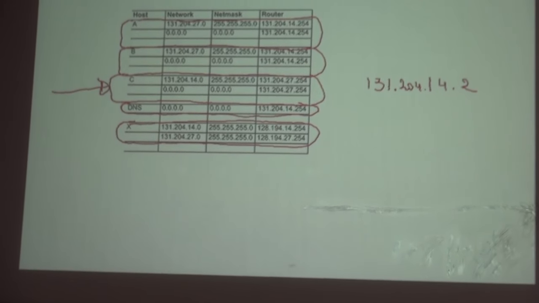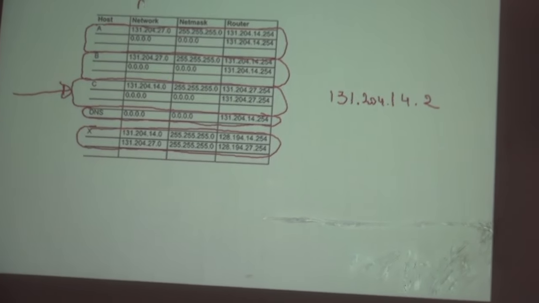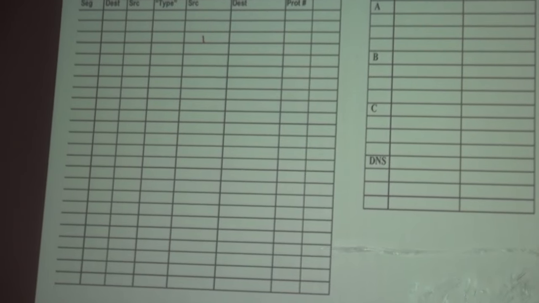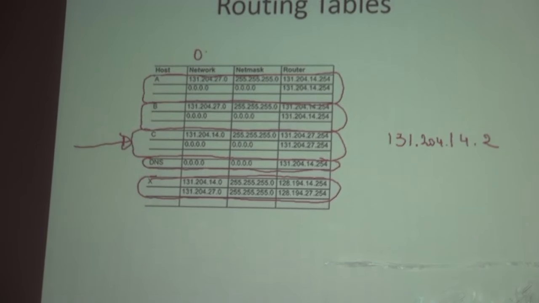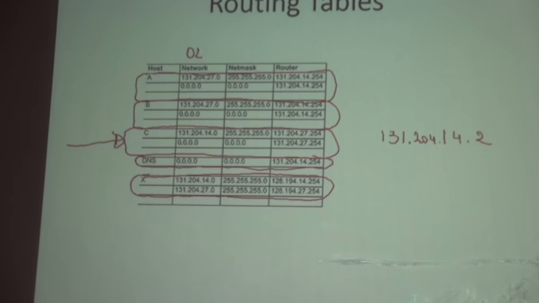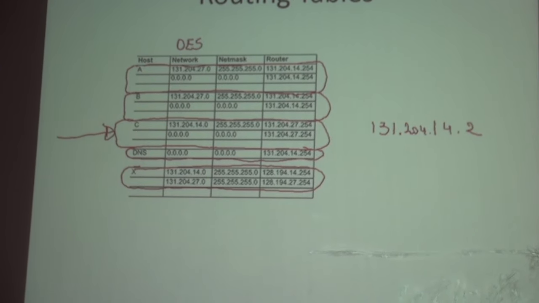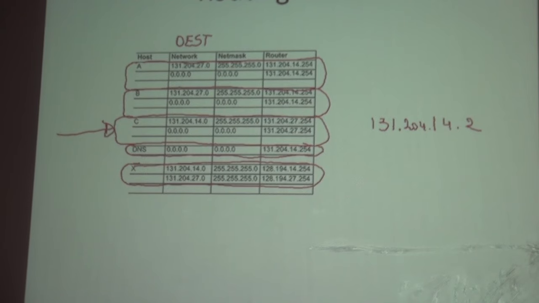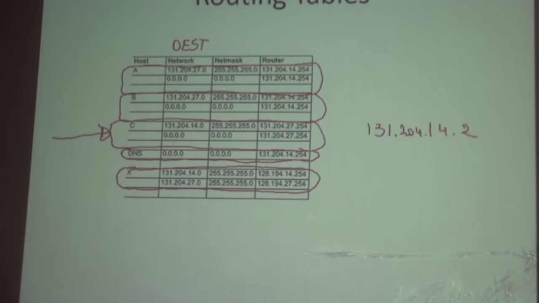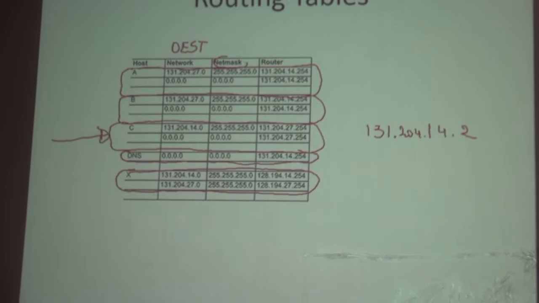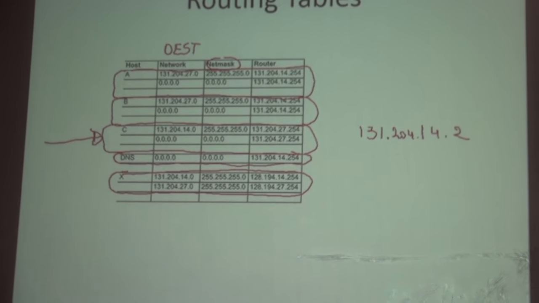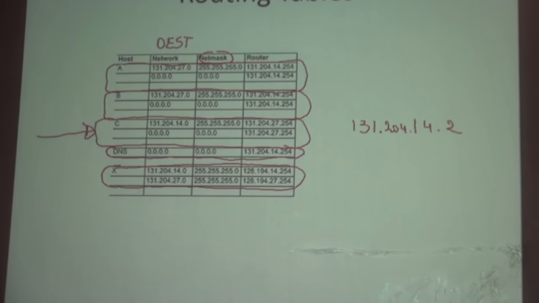You should read it this way. This is the destination where I want to go. This tells me what net mask I should use to extract what I want. And then this is the router to use.